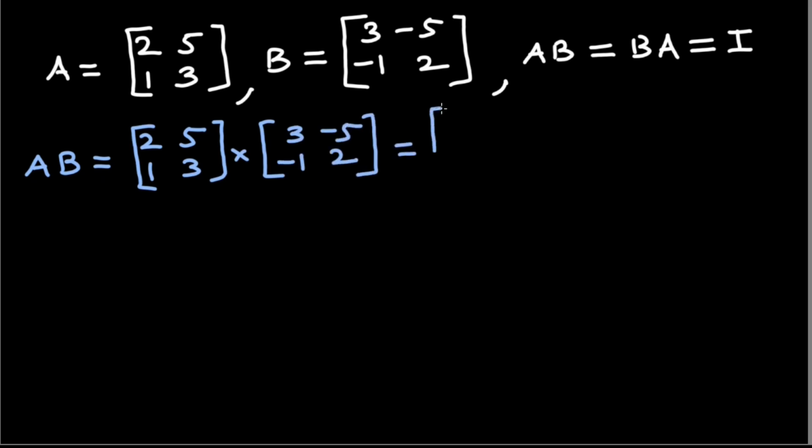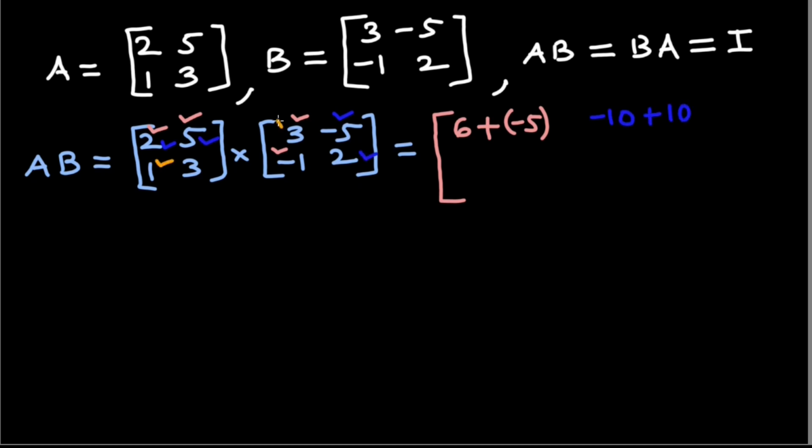The matrix multiplication will be 2 multiplied by 3, 6, plus 5 multiplied by -1, -5; 2 multiplied by -5, -10, plus 5 multiplied by 2, plus 10; 1 multiplied by 3 is 3, plus 3 multiplied by -1, -3; 1 multiplied by -5, -5, plus 3 multiplied by 2, 6.